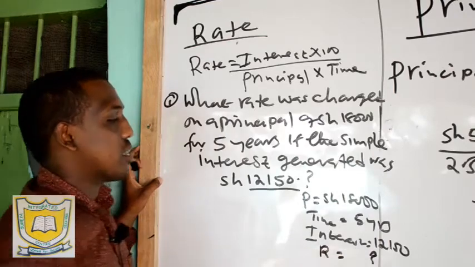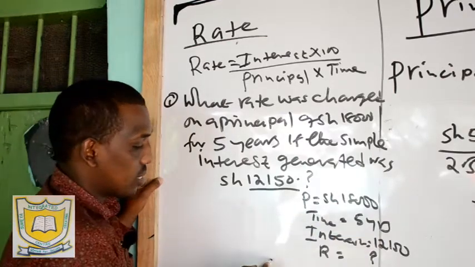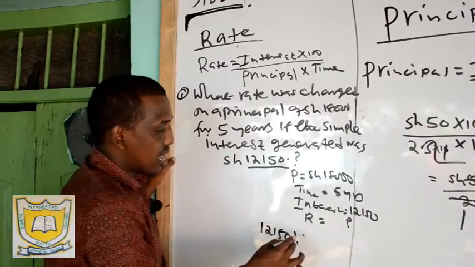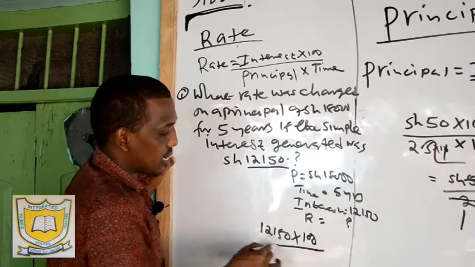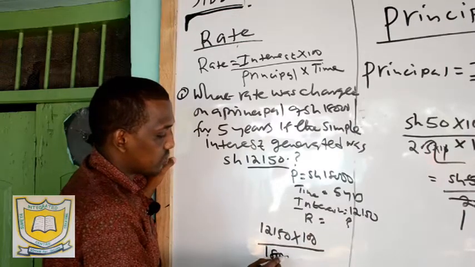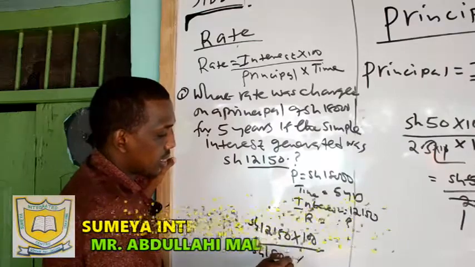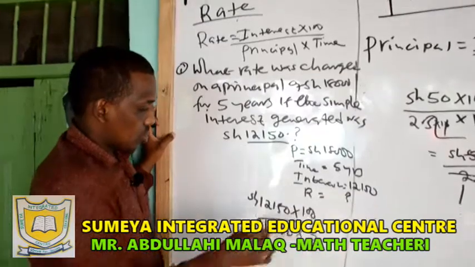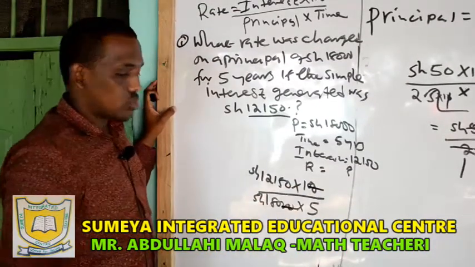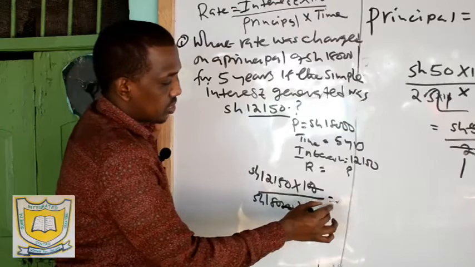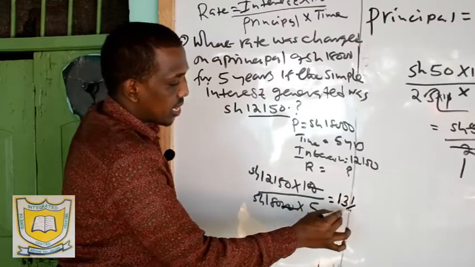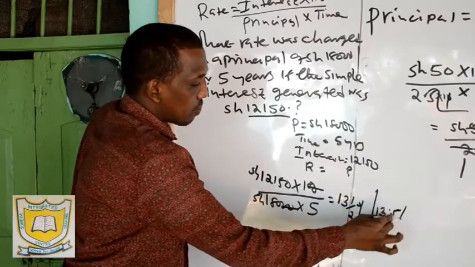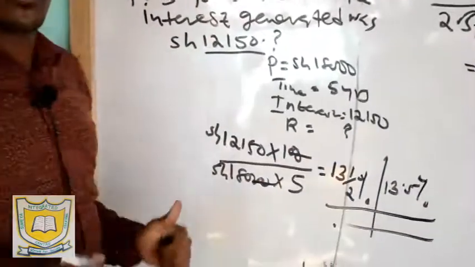Rate is equal to interest, 12,150, multiplied by 100, over the principal, 18,000, times time, 5 years. After dividing, the rate will be 13.5%.